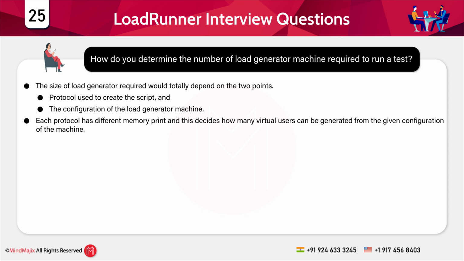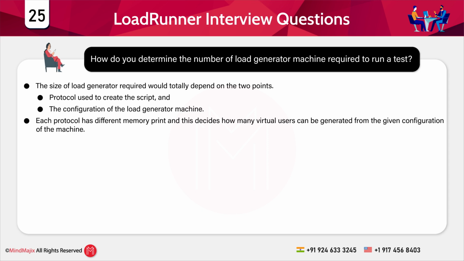So that is why first, with one Vuser, we have to run the script using the controller. We usually run the script in VuGen to verify, but you have to start with one user in the controller and see the server related information and how much memory it is consuming.